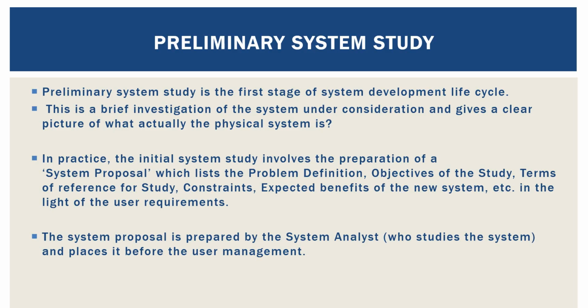Because we are not only looking at the user in quotes, the one who is going to use the system, but we mentioned the stakeholders in our previous session. We could have done a bit of stakeholder consultation. So everything that we'll be doing, the problem definition, objectives, terms of reference of the study, will be in light of the user requirements, or in light of the stakeholders that could have been consulted.